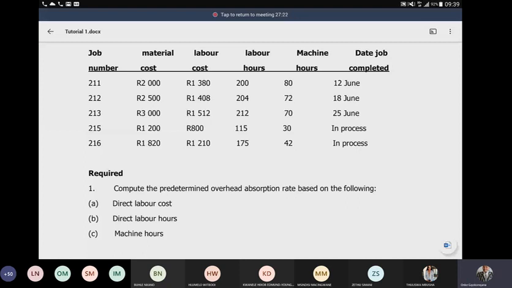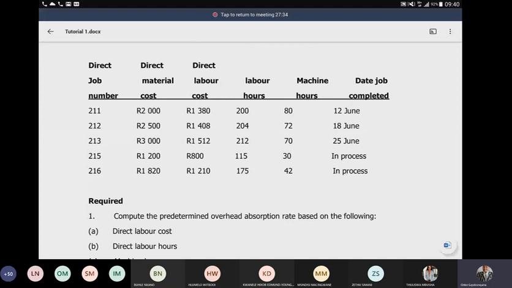And again, we use the estimated values. You don't use the actual cost when you calculate your predetermined amount. I'm sure Ms. Nongana stressed that, or I made mention of that. If not, then I am. All right, so how are we going to do that?